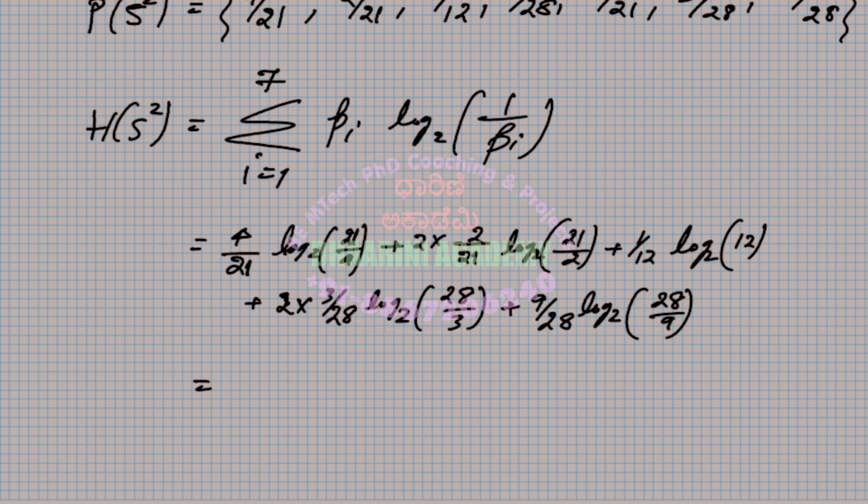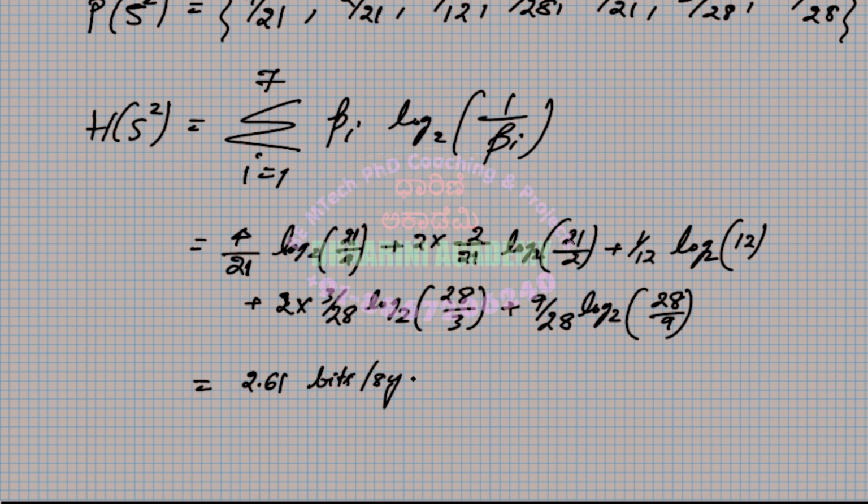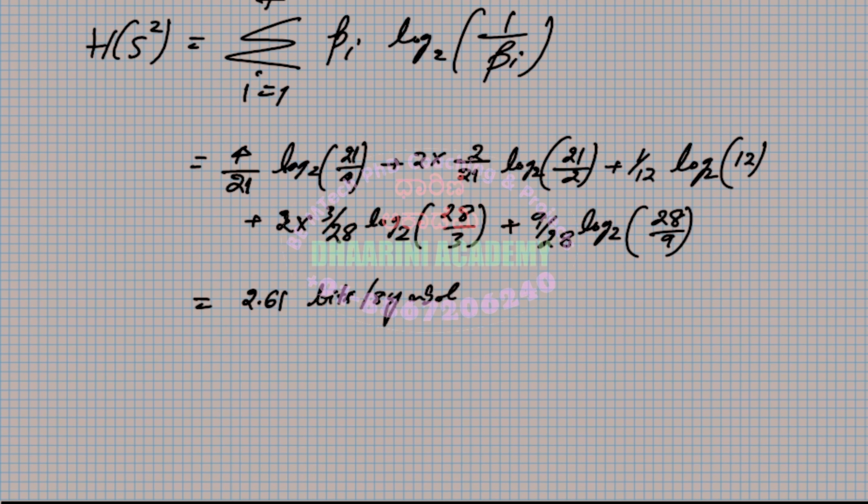Please calculate. We get this is equal to 2.61, right? Okay, 2.61. It is H, right? So it is once again measured in the same format, bits per symbol. But I don't want H of s squared. I actually need the G2, right? G2 is the average bits present in the message, whenever we consider the message consisting of two symbols at a given point of time.